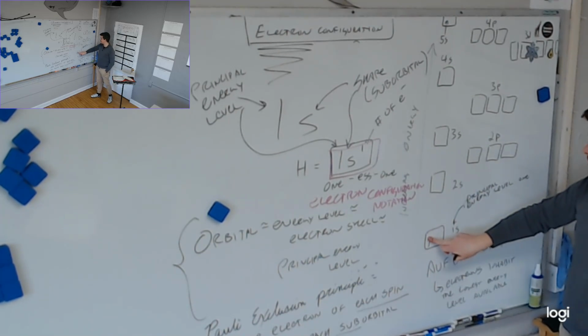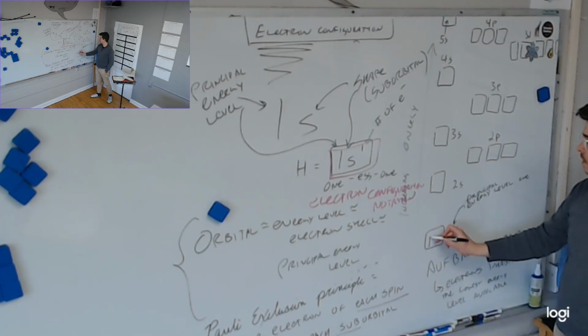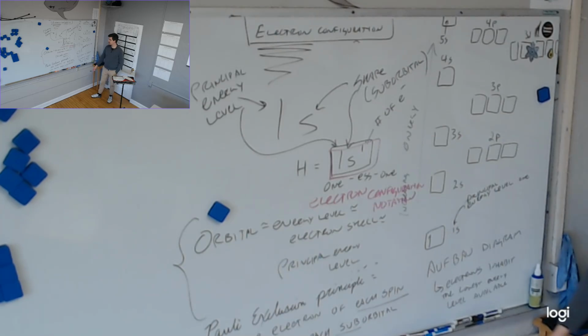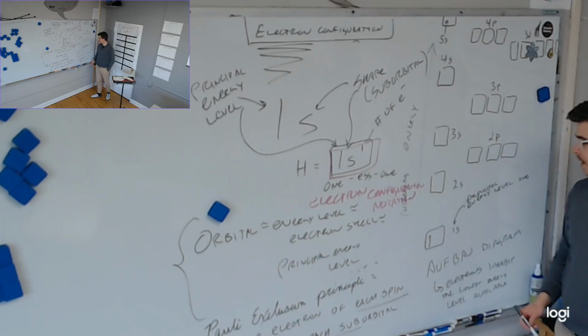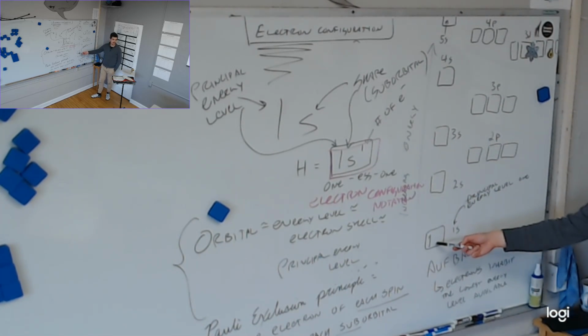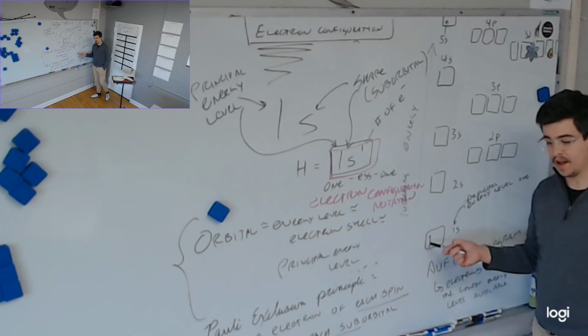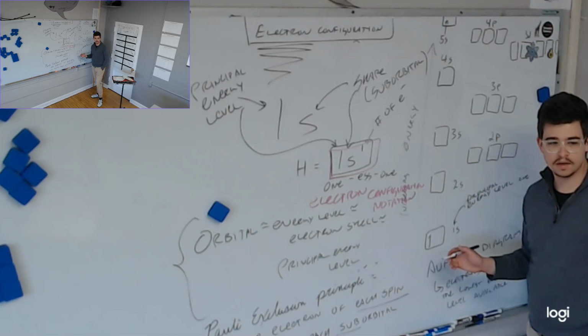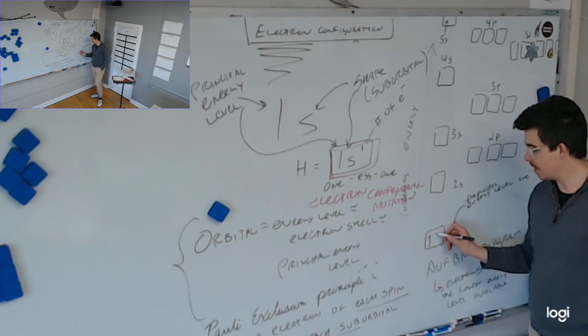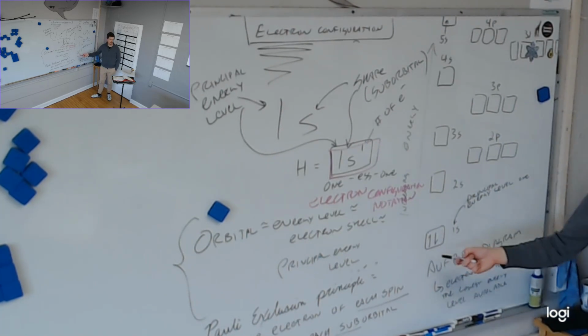Okay, if I drew an up arrow in the box, and 1 electron of each spin can occupy each suborbital, what else might go in this box if I'm talking about the next element? What is the next element? Helium. So if I have an up arrow, what probably comes next? A down arrow. Each electron has its own spin.